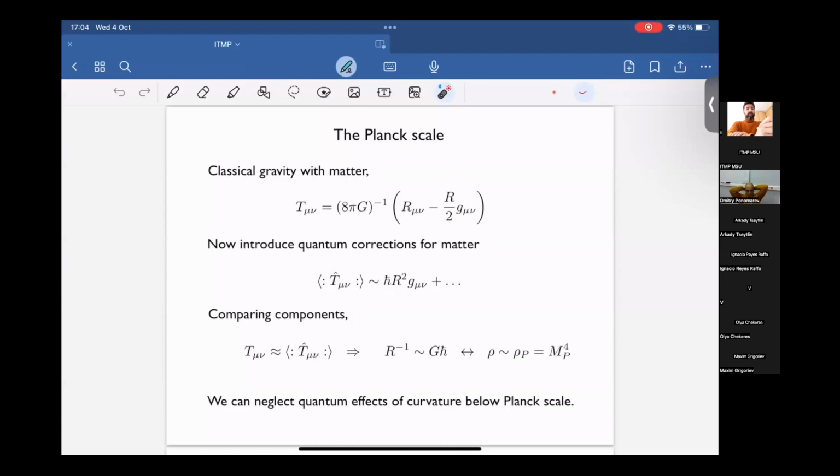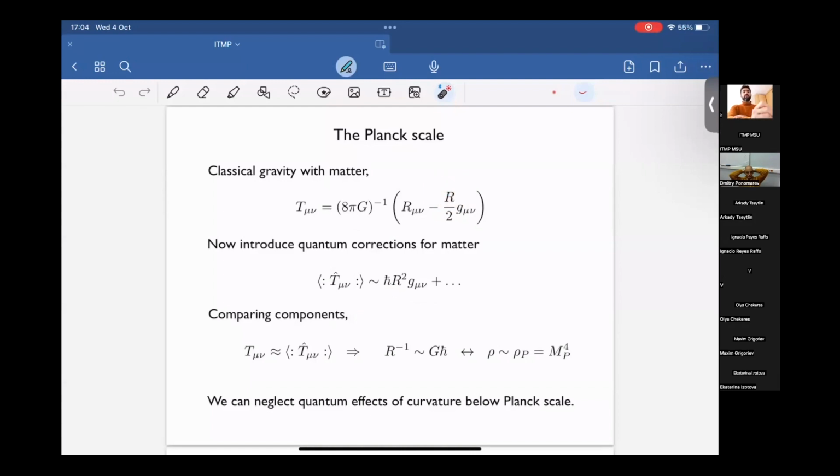So essentially the classical stress tensor is proportional to the G coupling, and to the first power of the curvatures. The quantum version is proportional to h bar, and it's normally proportional to the square of the curvature.